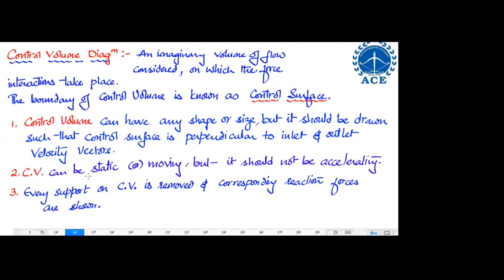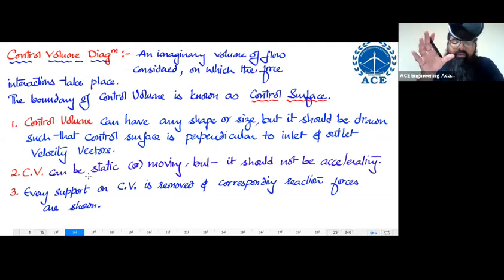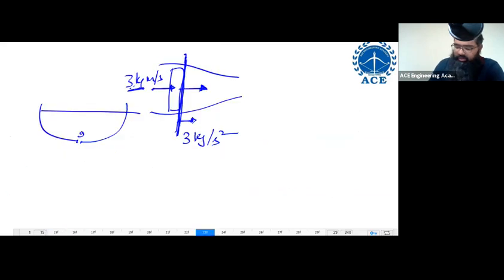It should not be accelerating at that point. Whenever you have a particular system accelerating, that particular frame of reference is called a non-inertial frame of reference. In a non-inertial frame of reference, Newton's laws of motion are not valid. You can refer to your 11th class physics.